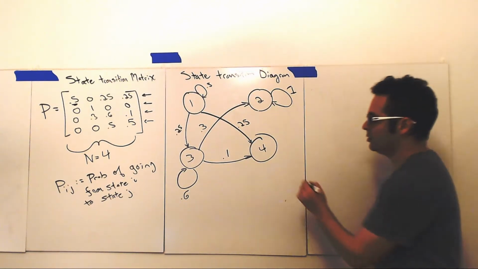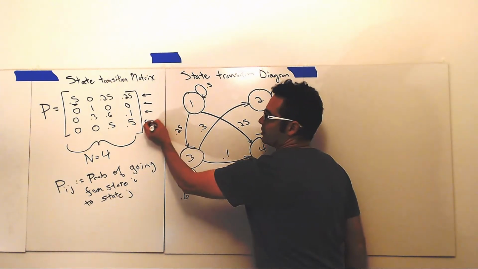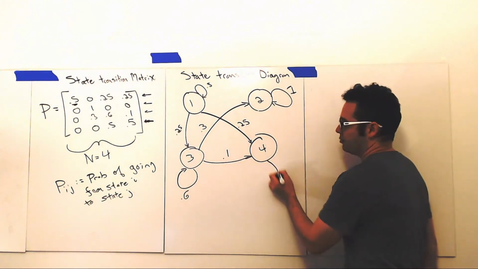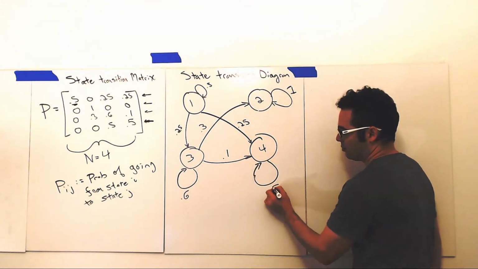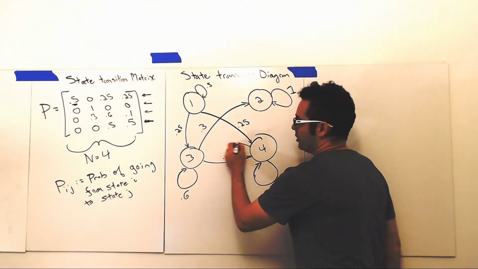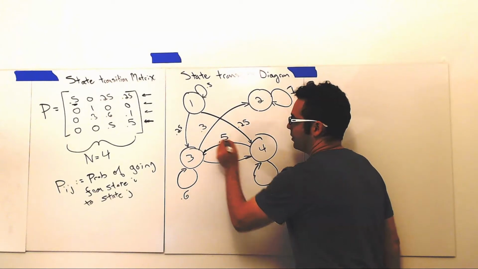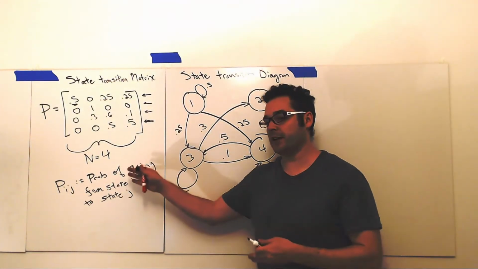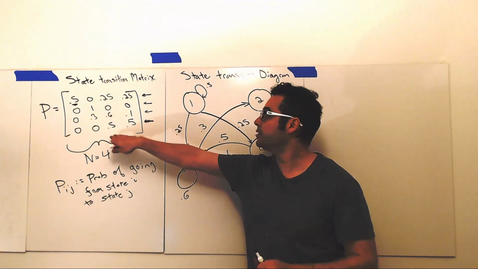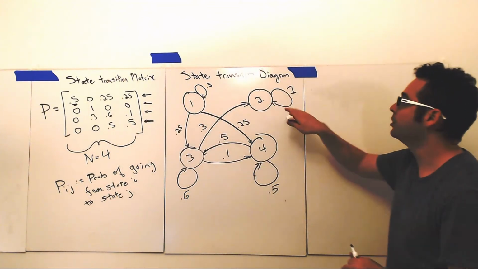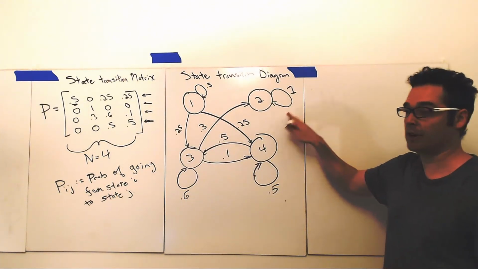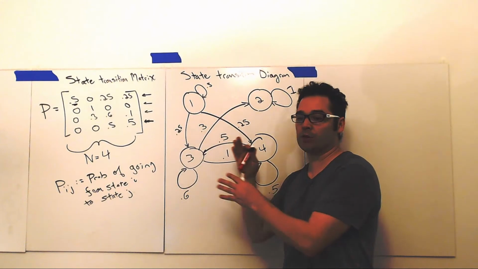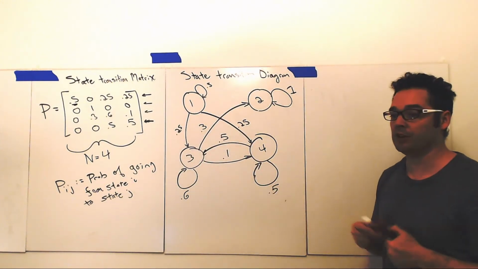Now for state 4, we just look at this last row, and we get 0.5 and 0.5. Okay? So hopefully this gave you a quick example of how we go from a state transition matrix to a state transition diagram.